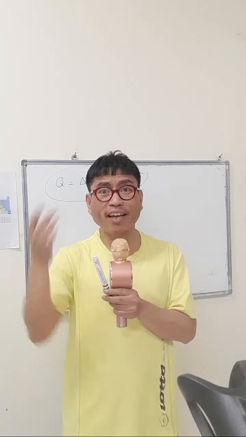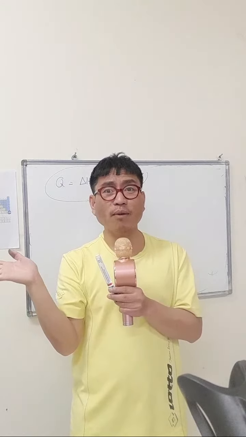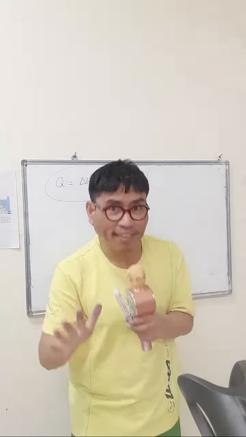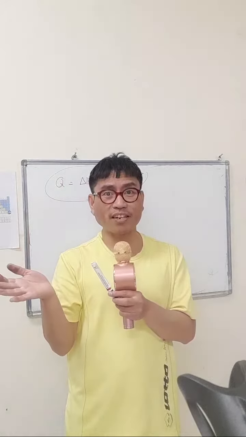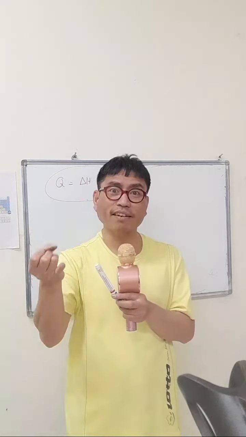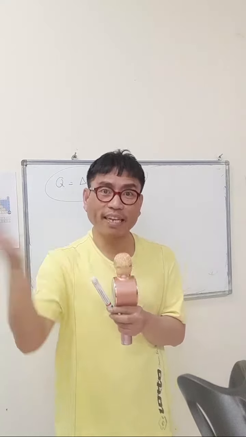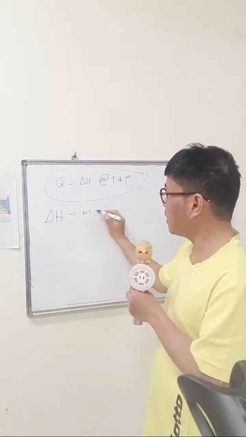Because in classroom instruction, our instructors, professors, and teachers will always put Q as what we are trying to find out. But if you face an examination, it will ask what is the enthalpy change of a reaction, and they give the mass, the change of temperature, the specific heat capacity, and you have no idea. It's just the same as heat, so you will use delta H is equal to mCp dT.